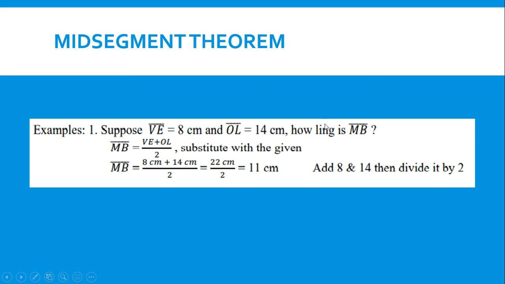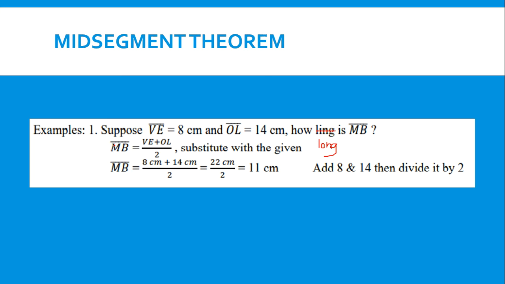How long is MB? So first, we're going to identify what are the given facts based sa problem. Ang VE and OL are the bases of the trapezoid. MB is the median. So, we're looking for the median.